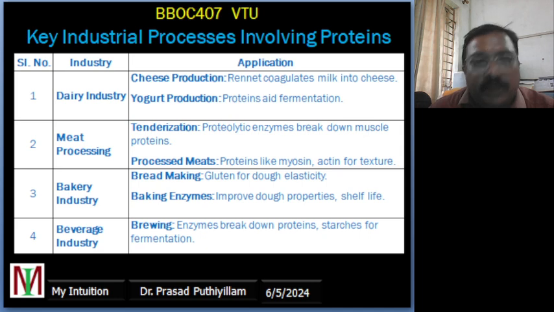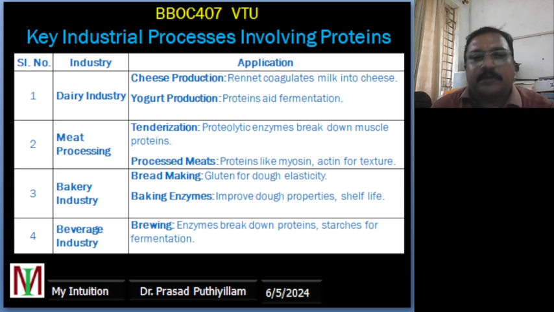Then comes yogurt production. In yogurt production, the proteins are very essential in the fermentation process. The bacterial cultures convert lactose into lactic acid, leading to the coagulation of milk proteins, forming the yogurt. Okay, now meat processing, that is tenderization.